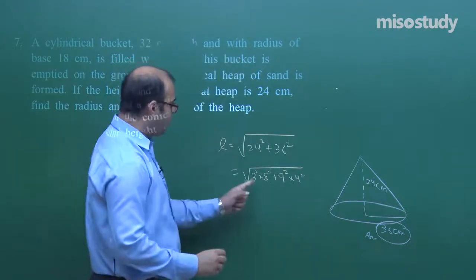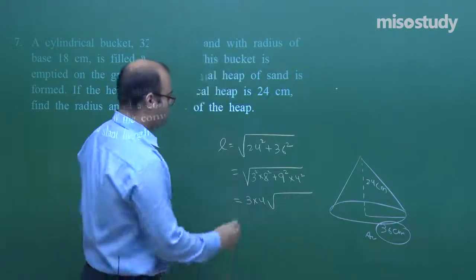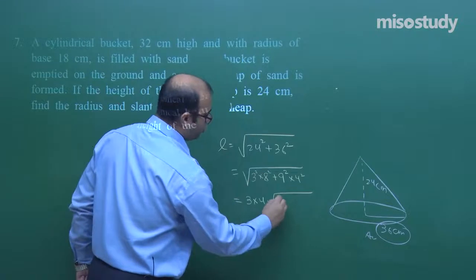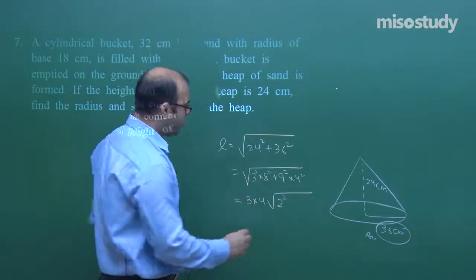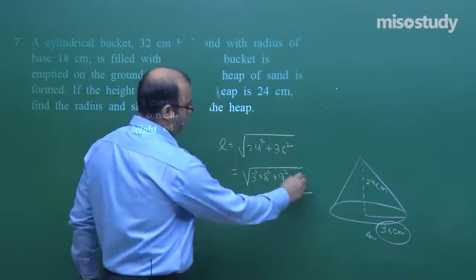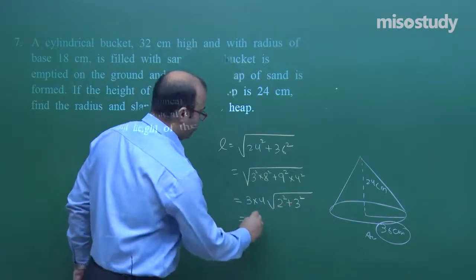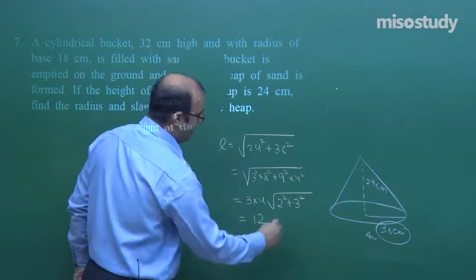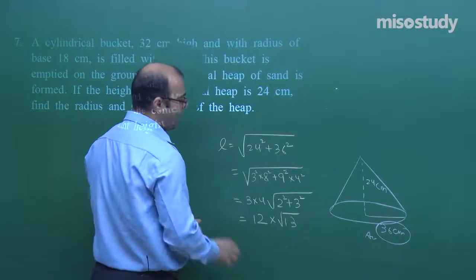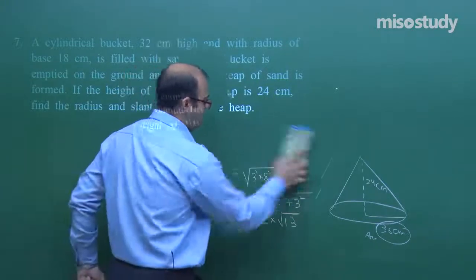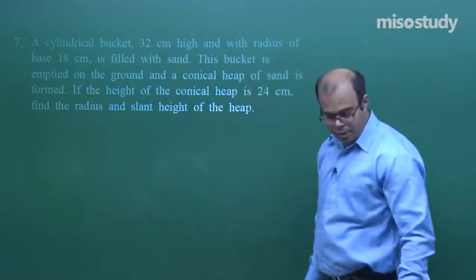We can take 3 and 4 common outside the square root. So here it becomes 12 outside, and inside 2 square plus 3 square, so 4 plus 9 is 13. So root over 13. This is the slant height of this cone. So this is how we can attempt these questions.